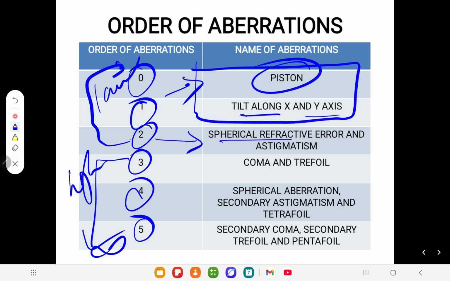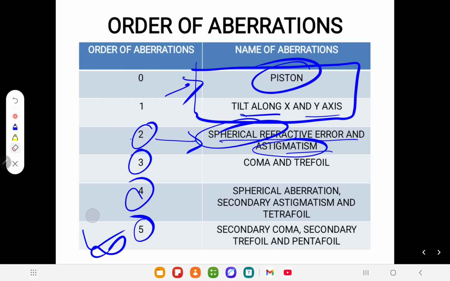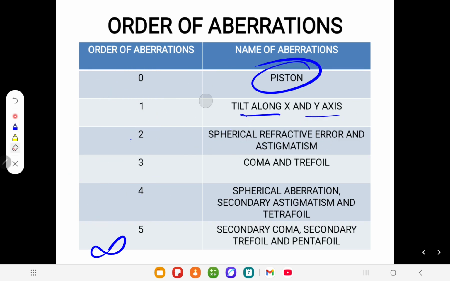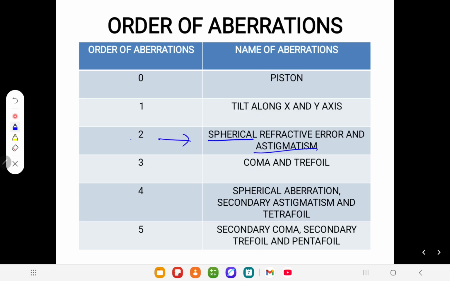Second order aberration is the aberration that we write in a prescription, isn't it? Sphere, cylinder, and axis. So among low order aberrations, only second order is clinically significant, which is very significant because sphere and cylinder are what we write in a spectacle and what we correct with a spectacle.